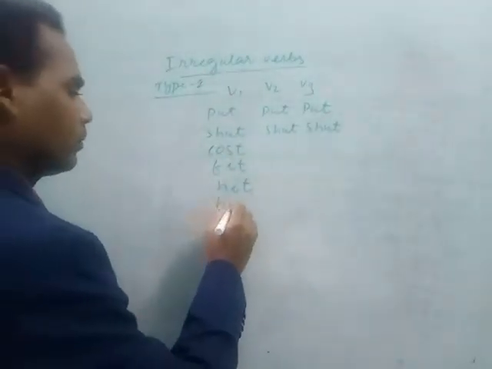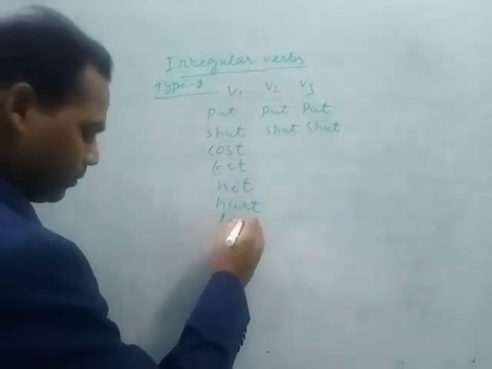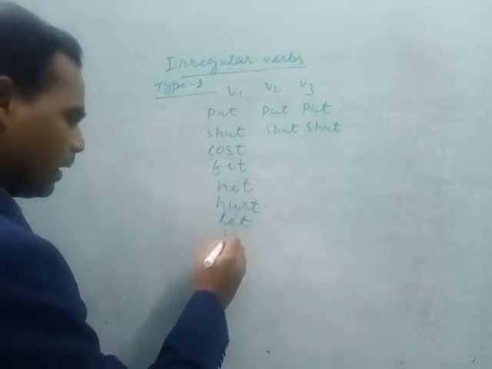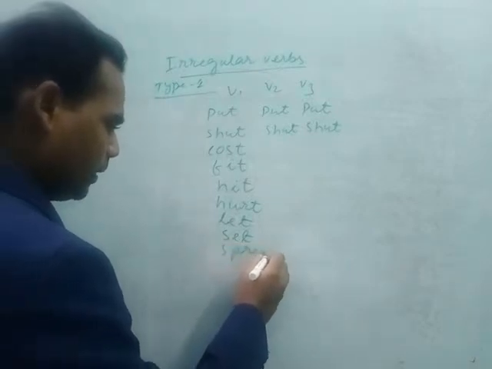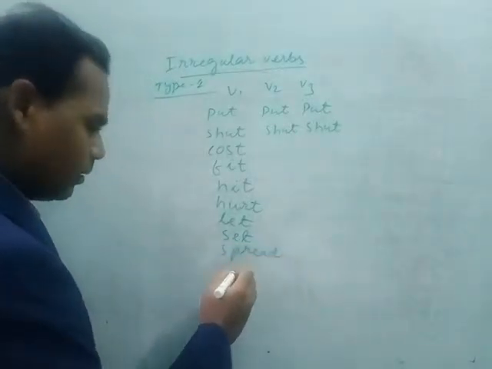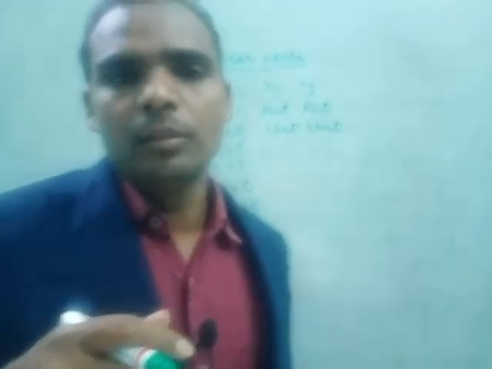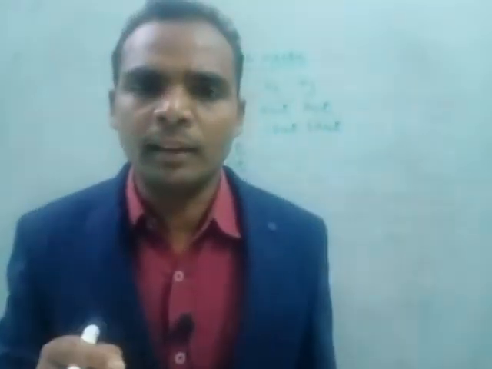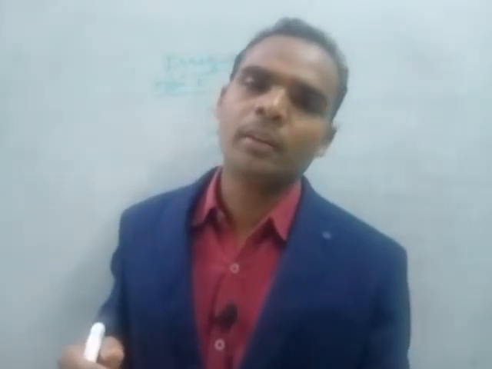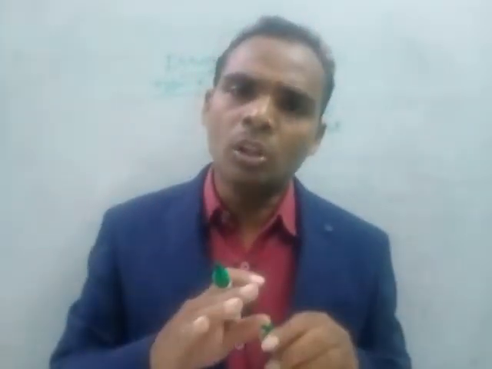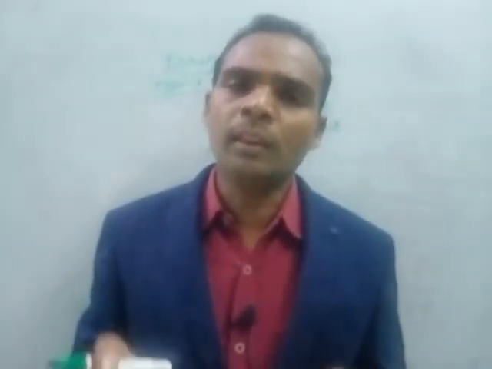Hurt, let, set, spread, S-P-R-E-A-D, spread. Read, here only read, pronounced red. The sound is different but the spelling is the same. So all 3 forms are the same in type 1 irregular verbs.